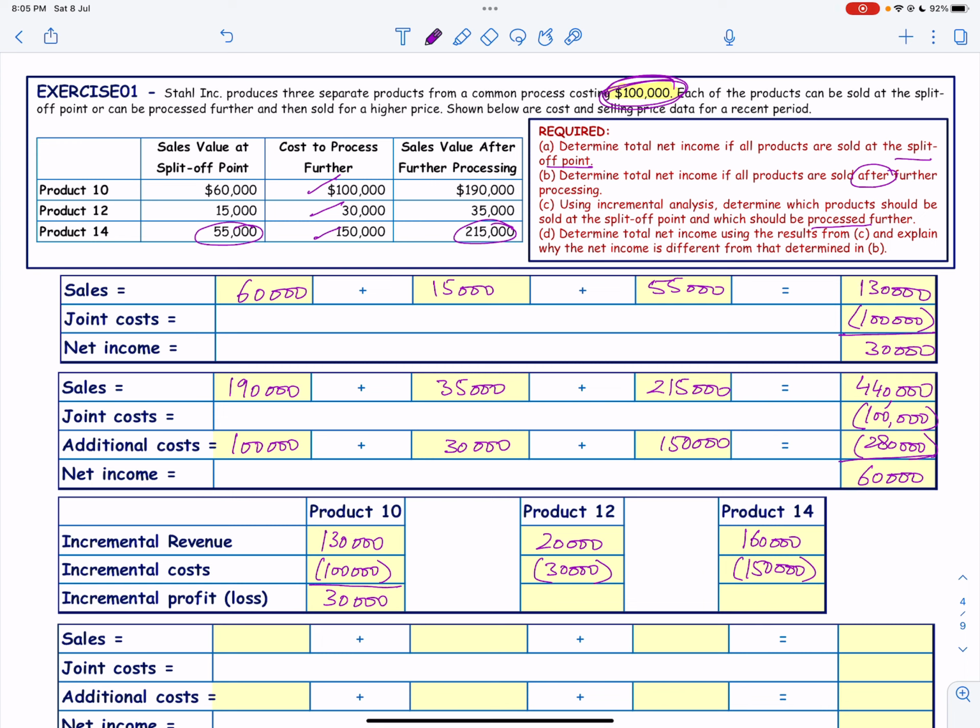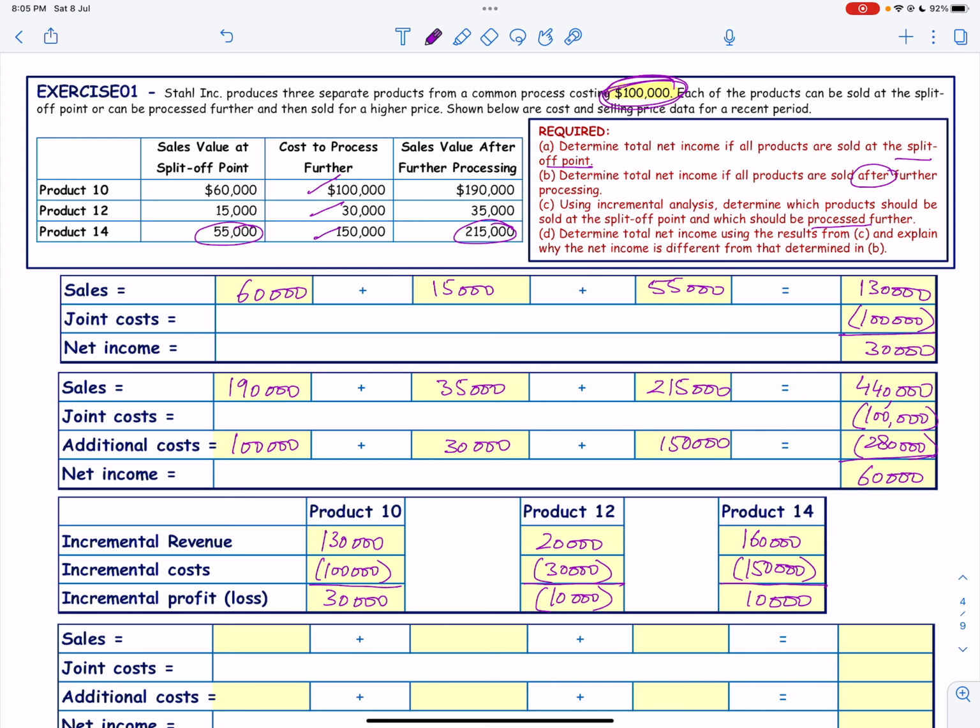For product number 12, there is an incremental loss here of 10,000. And for product number 14, there is an incremental profit of 10,000.